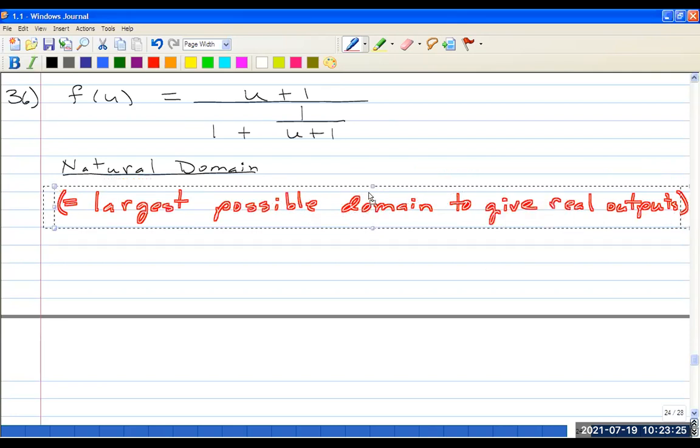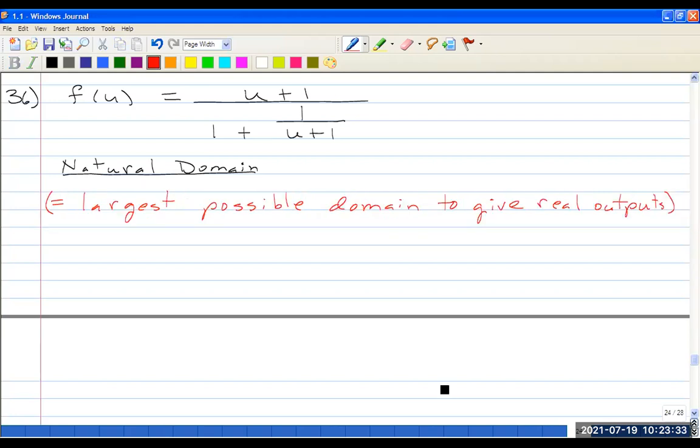Okay, so, for a real valued function, there are really only two things, at least at this moment, that are really bad. One, you don't want to divide by 0. Two, you don't want to take square roots, even roots, of negative numbers. Well, there are no roots.